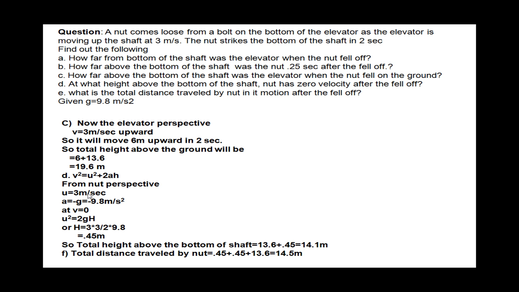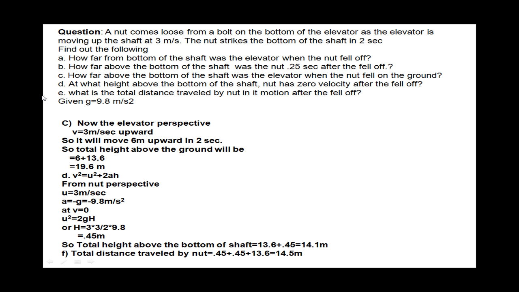The nut falls in 2 seconds, so in 2 seconds the elevator will move 6 meters upward. The total height above the ground is calculated as 6, which is the distance traveled, plus 13.6, which is the height at which the nut fell off. So it gives you 19.6 meters.